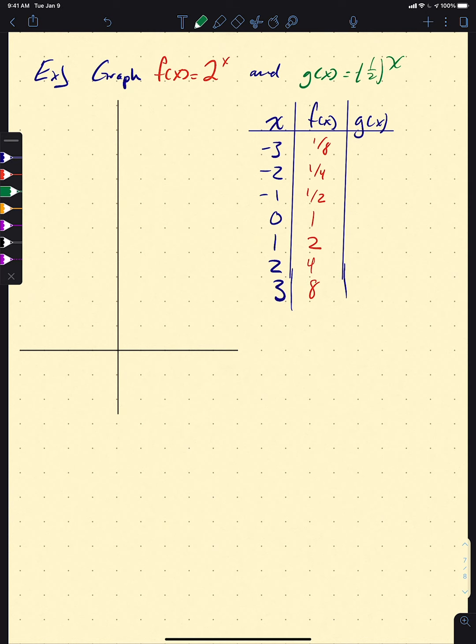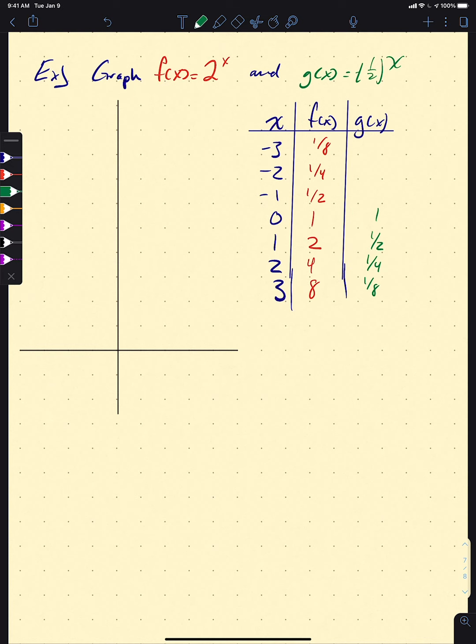But curiously, notice what happens for g of x. When we plug in 3, we're going to get 1 over 8. When we plug in 2, we're going to get 1 over 4. Plug in 1, we'll get 1/2. Anything to the 0 is 1. What happens when we plug in negative 1?